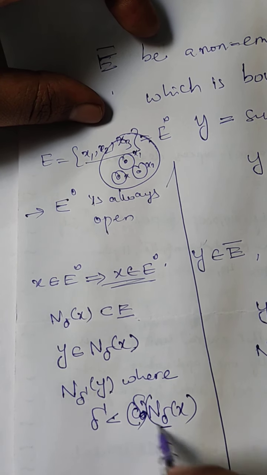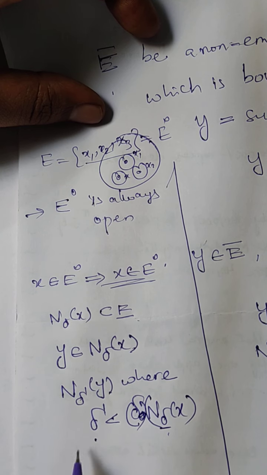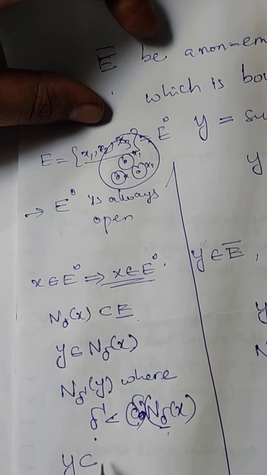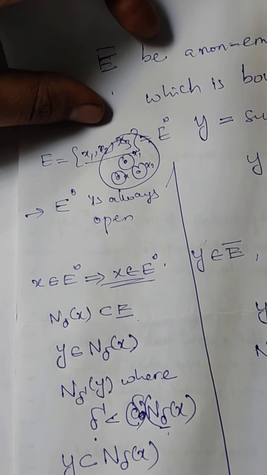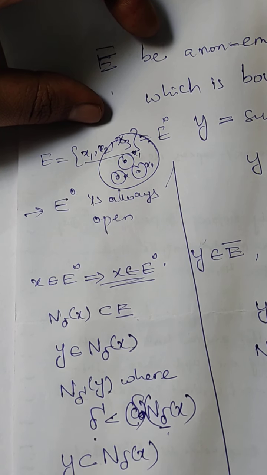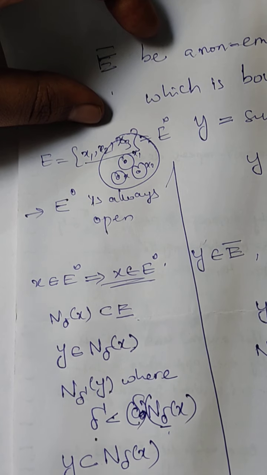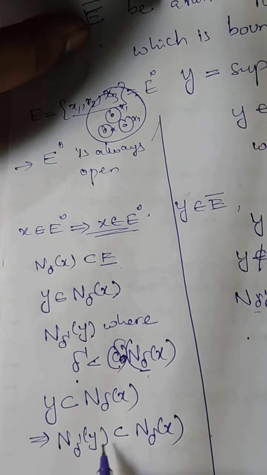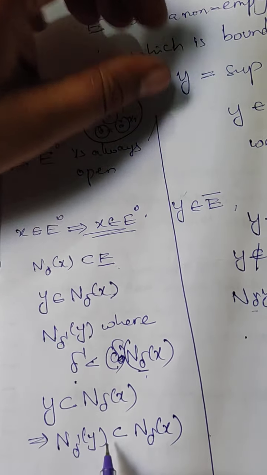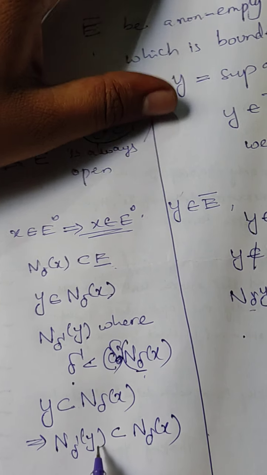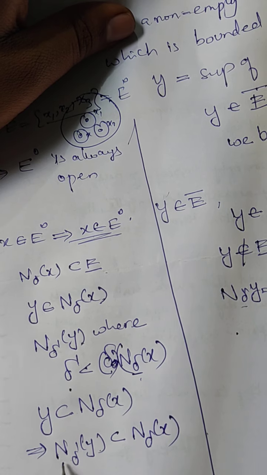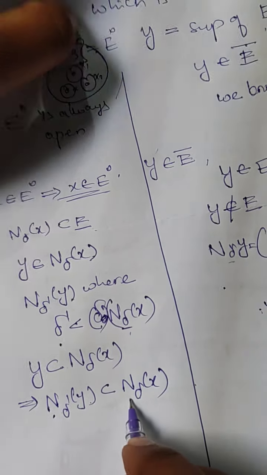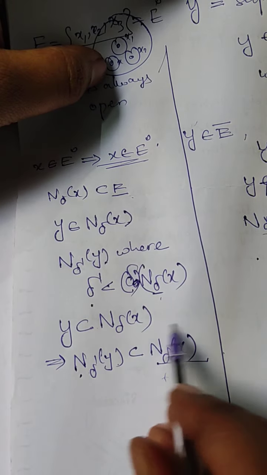So hence we can conclude that this y belongs to, N delta dash of y is a subset of N delta x. That implies that N delta dash of y will be a subset of N delta of x. From this we get that every point which belongs to N delta x is an interior point of N delta x.